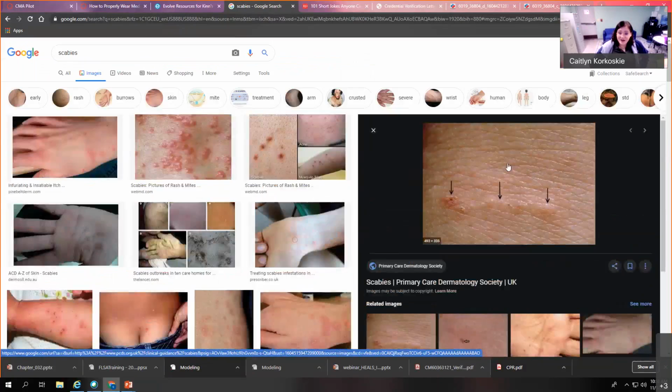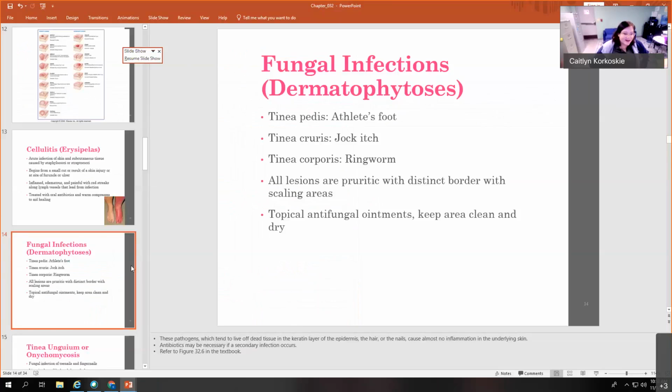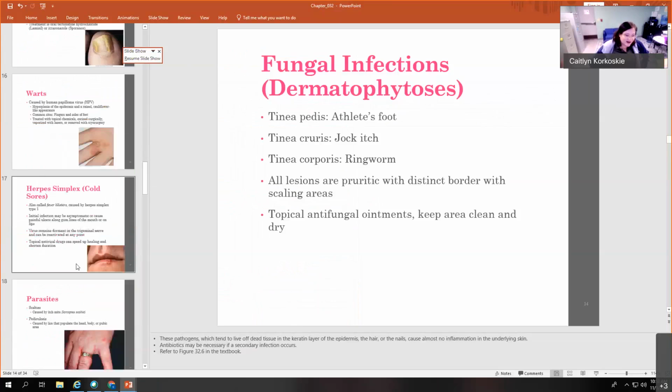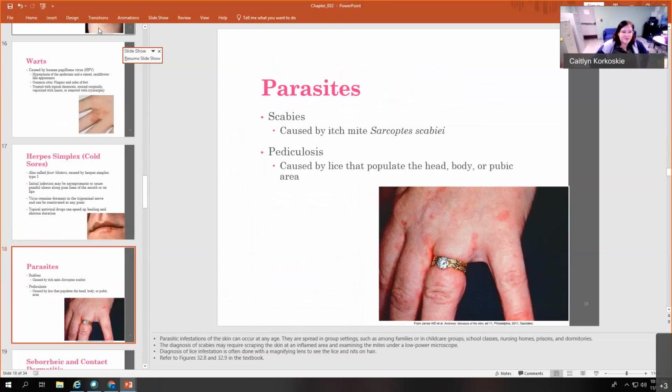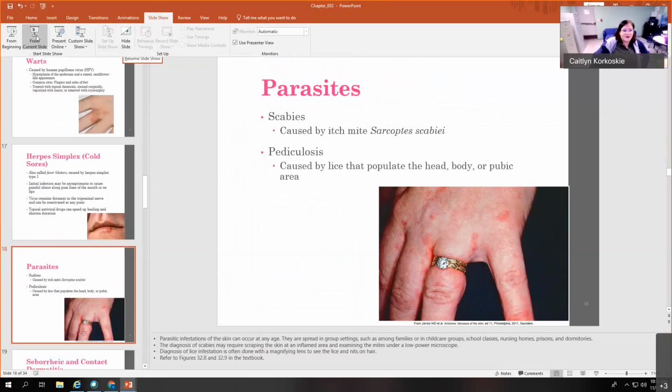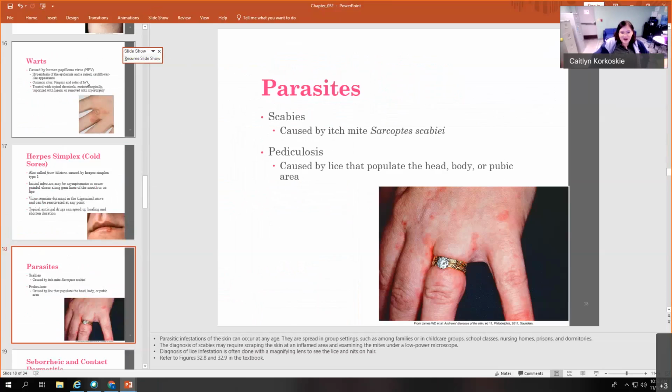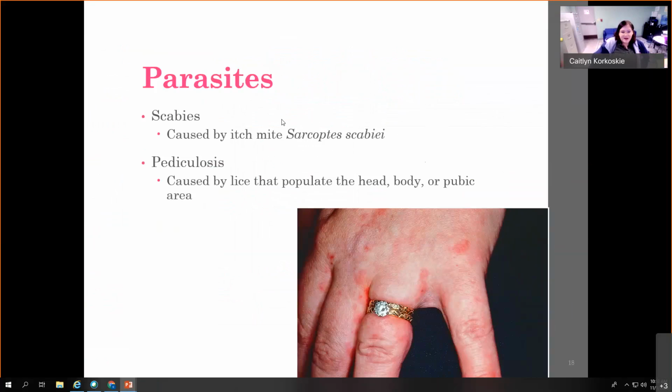It is highly contagious. Someone who does have scabies can pass it to other people really rapidly. Usually when a patient comes in for scabies, one of the questions I always ask first is if they've traveled anywhere recently or stayed in a hotel, because they could have picked it up from there.